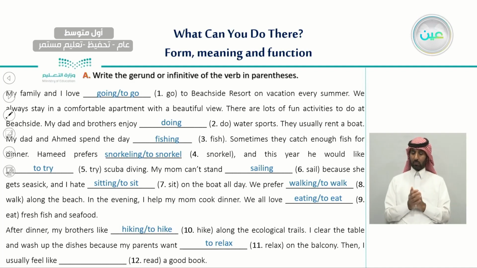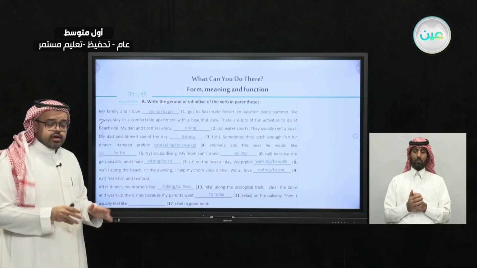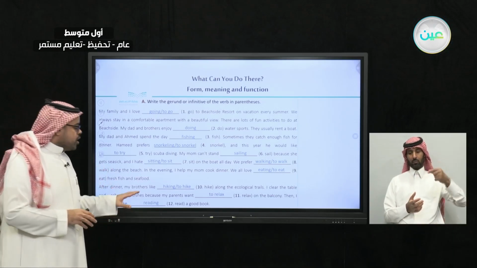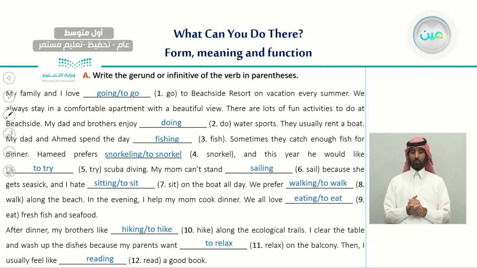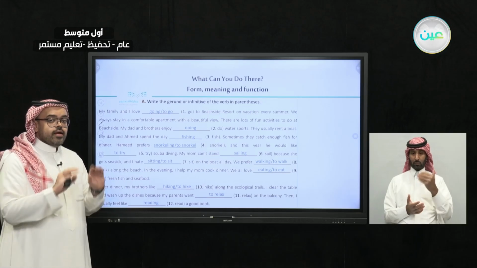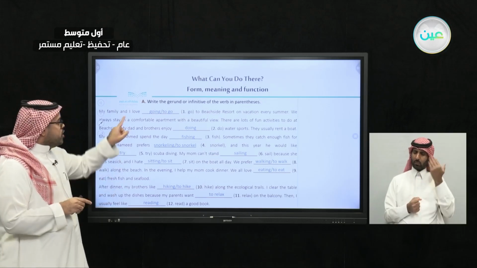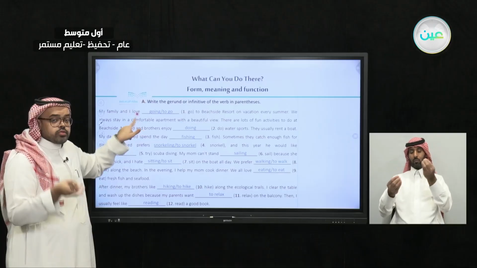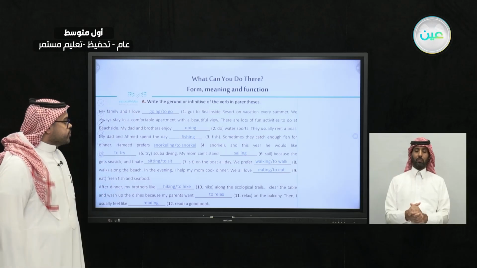So feel like, this is a phrase, and we use that phrase with gerund. We feel like reading a good book. So this is how we can answer this question. Usually when you see a verb, just remember if the verb is the kind of verb that we use for gerund or for infinitive, or we can use it with both. This is very important.